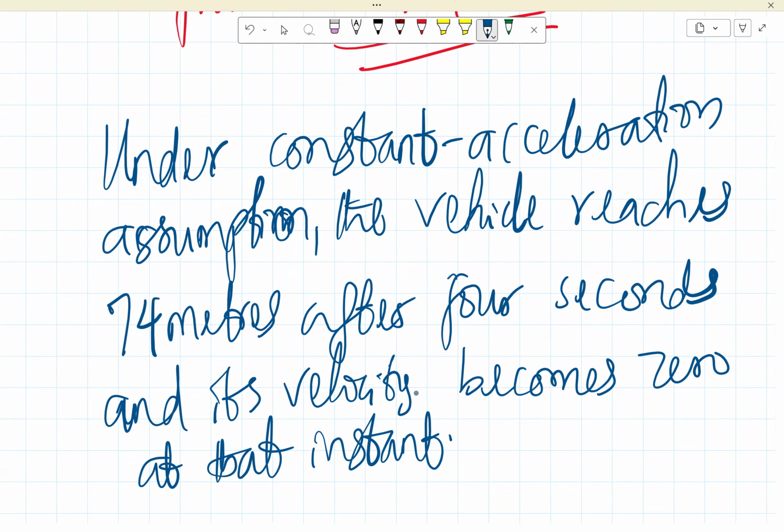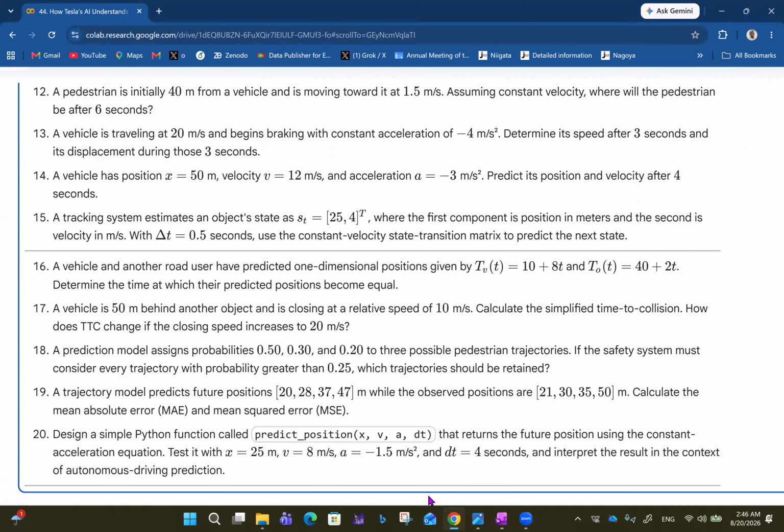And this gives us a glimpse into how Tesla AI sees what's happening on the road, how Tesla AI understands what's happening on the road. Yeah. So we have that.